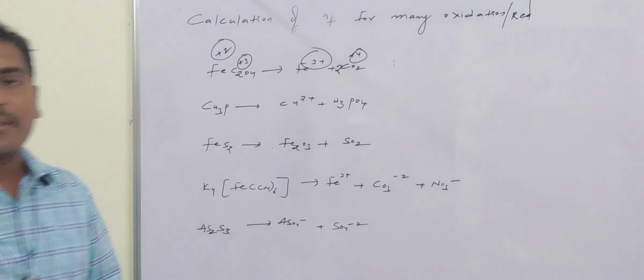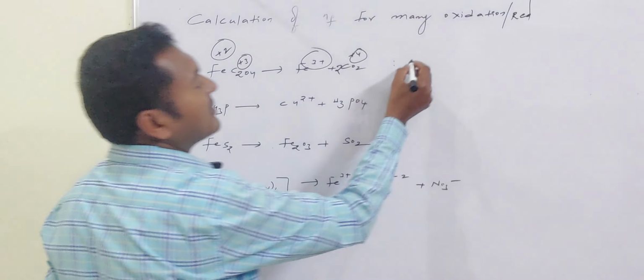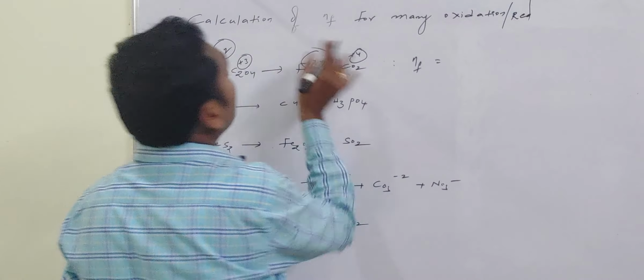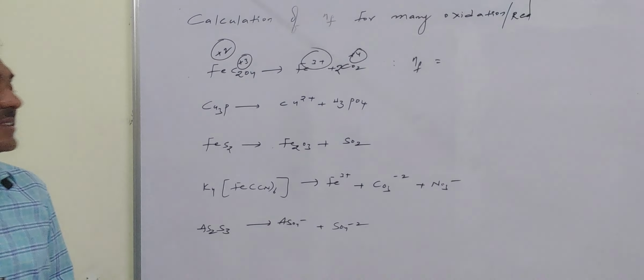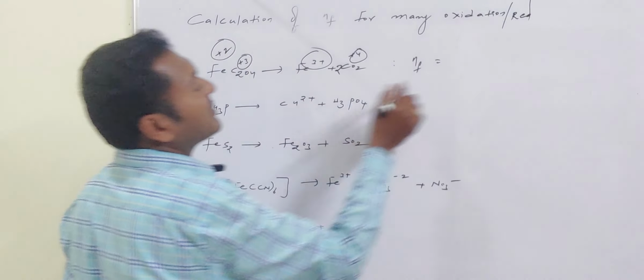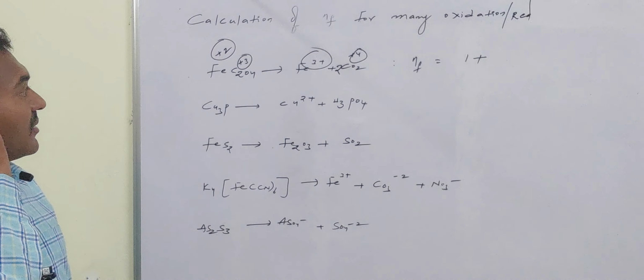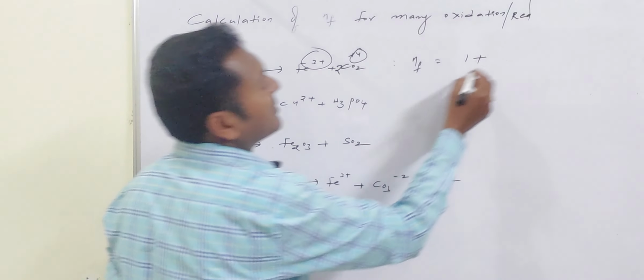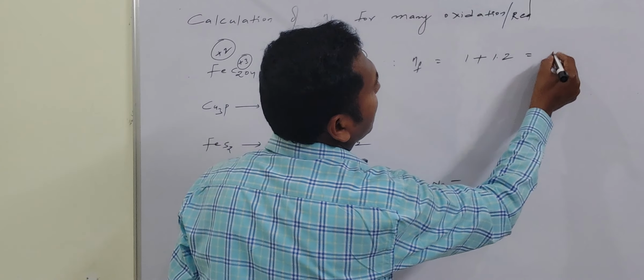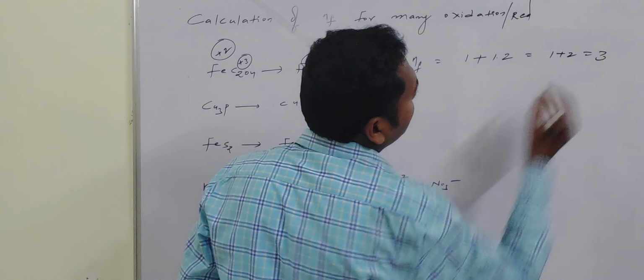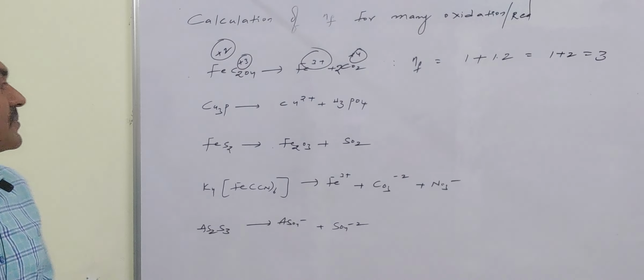Now the total change in oxidation number, which results as the n factor because the whole thing participates in the oxidation, can be given with respect to ferrous. For the ferrous atom the change in oxidation number is 1. For the carbon atom the change in oxidation number is 1, and the number of carbons is 2, hence 1 plus 2 reaches what? The n factor reaches 3.